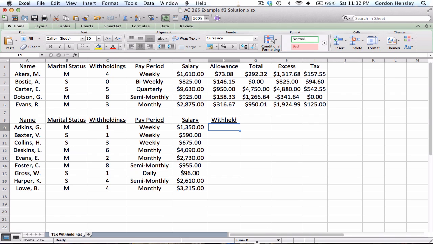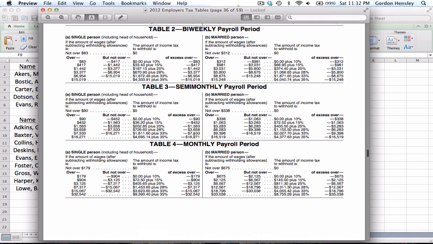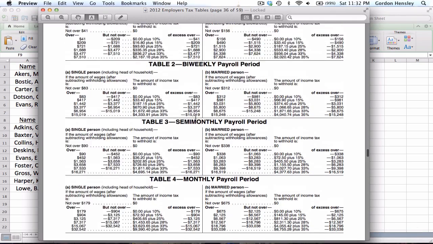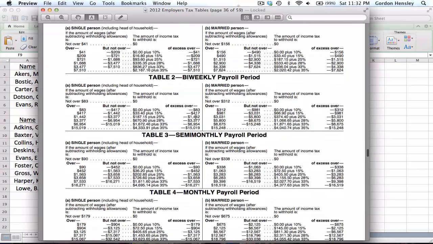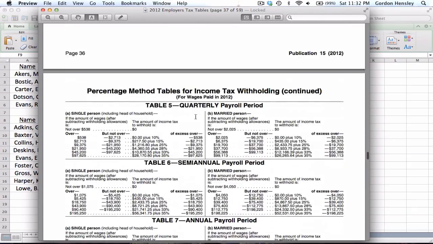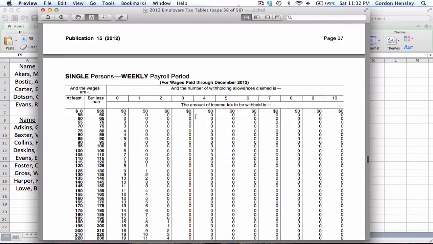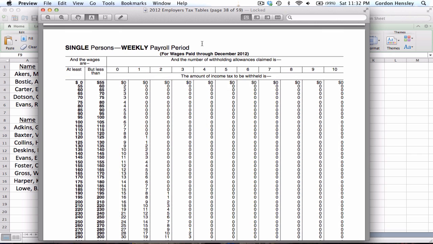So in this case, I want to find out where my information is for wage bracket. Well, like I said, we use these two tables for percentage method, but if I scroll on down and go all the way down to page 38 in this document, this is where my wage bracket tables begin. And there are a lot of these tables. I'm going to have to scroll through these tables to find the information that I'm looking for, but the good news is I won't have to do very many calculations.